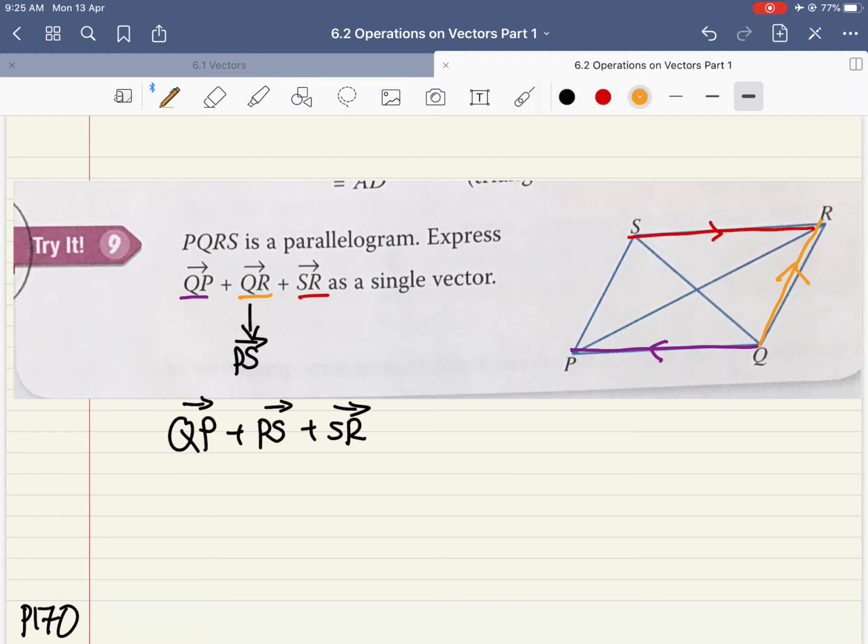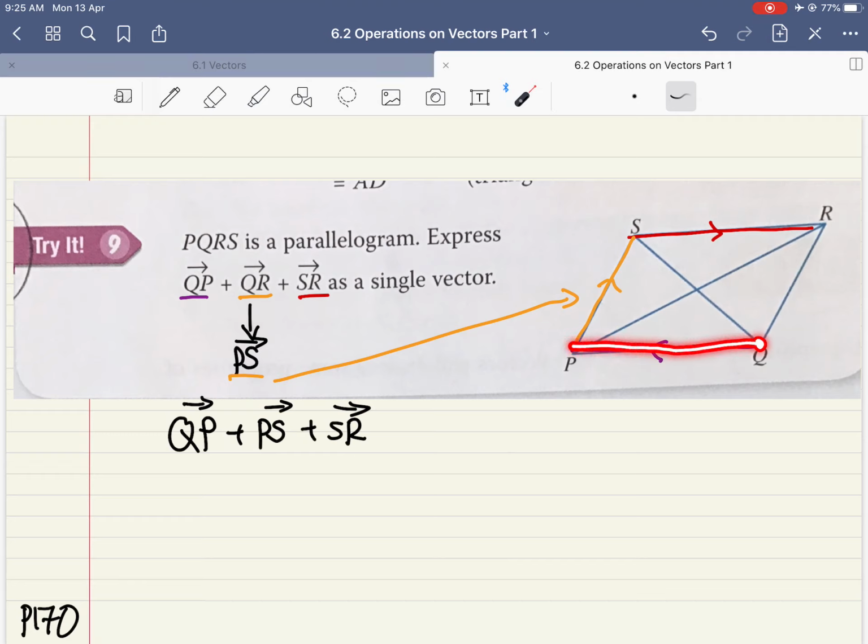Let me just redraw the diagram. This one is in orange now. Let me erase vector QR. An equivalent vector for QR is PS. Let me just draw it out in orange there. This is the vector down here. Now you notice I have actually linked up the three vectors.